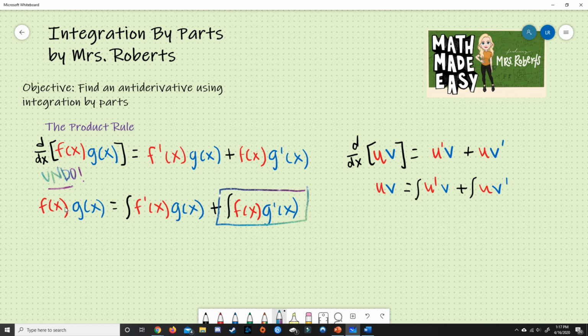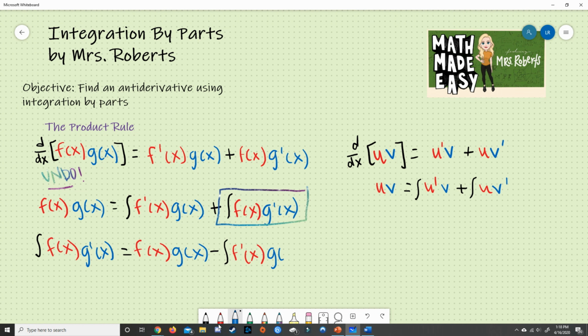I'm looking for the integral of f of x times g prime of x, and that will equal f of x times g of x minus the integral of f prime of x times g of x.